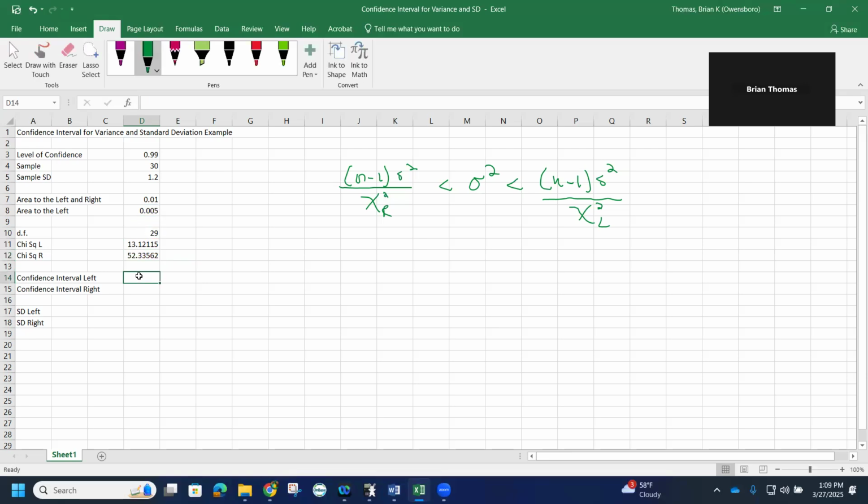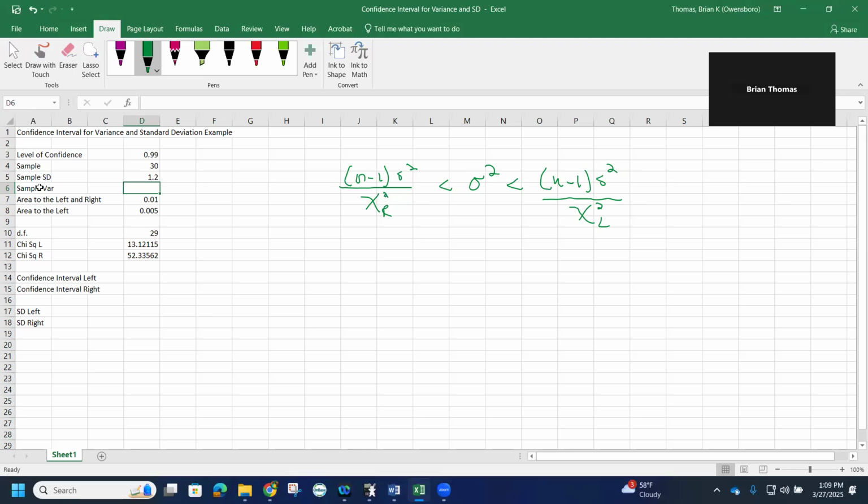Now to do the confidence interval, to do the left side, we have this formula. Now to do this formula, though, we still need the sample variance. So let me come up here and put in the sample variance.